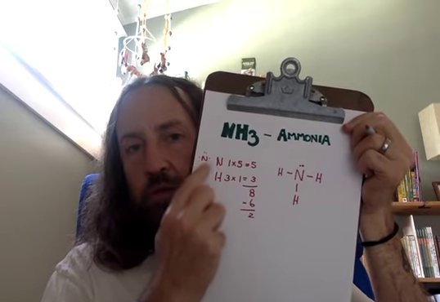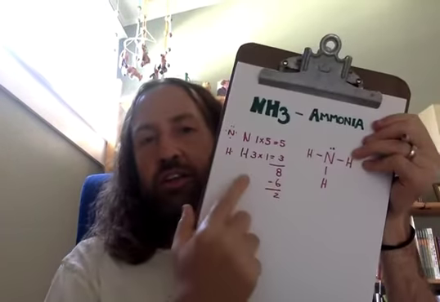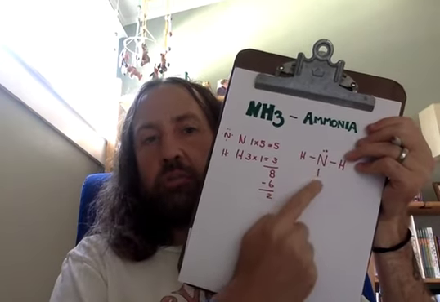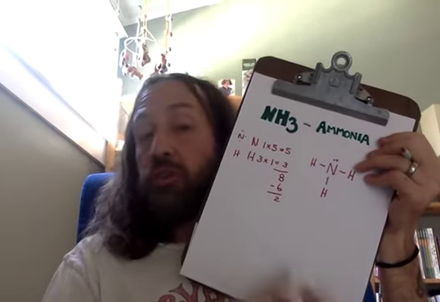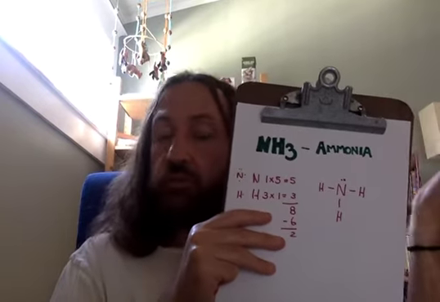Then bond, bond, bond. That's how it gets to 8. Hydrogen only has 1 valence electron, and so we bond it, bond it, bond it. Okay? So that's a good Lewis structure, and if the question asks you for a Lewis structure, just go ahead.